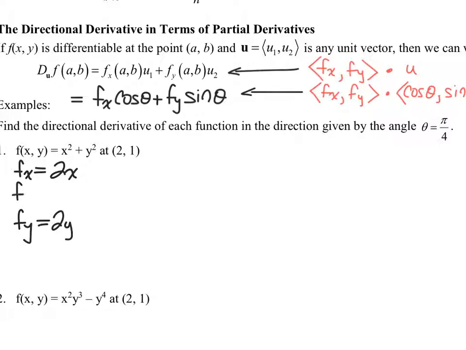But I also need it at the particular coordinate. When you're subbing in values, remember it's only the relevant values that you plug in. There's an x value and a y value. If I plug in the x value here, I'm going to get a 4, and if I plug in the y value here, I'm going to get a 2.